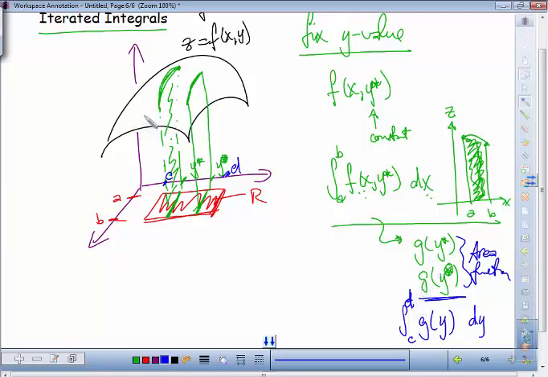So I'm adding up an infinite number of these area slices. Think of it as sliced bread. This is the best thing since sliced bread, right? You take a slice, you get one area. You take another slice, you get another area. If you put all those slices together, you get the whole loaf volume. That's exactly what we're doing here.